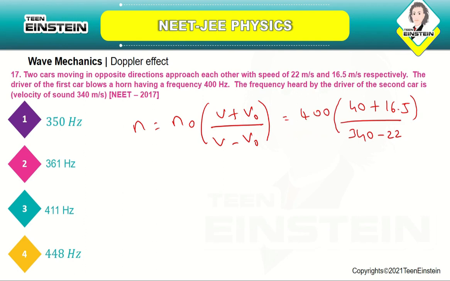So v naught is 16.5 and v is 340, so you are substituting it here and finding out. If you solve this, you will be getting n is equal to 448 Hertz. So the correct answer is option number 4.